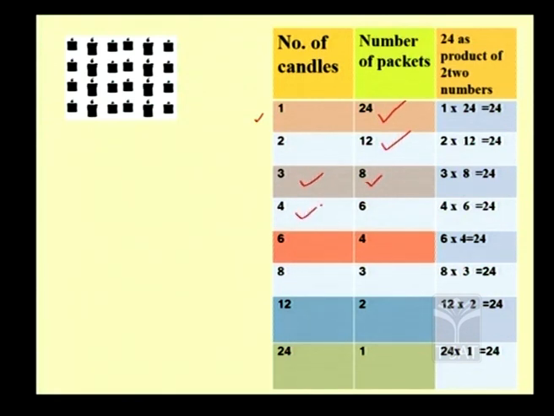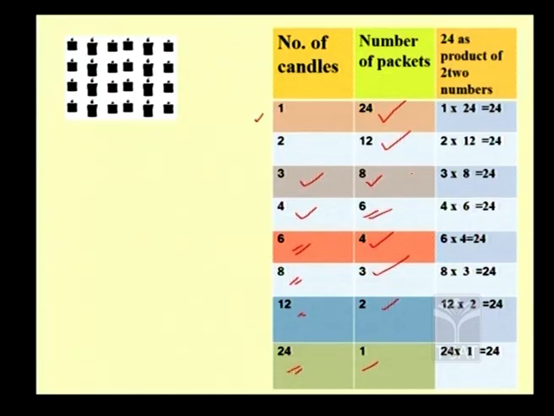And when we pack with 4 candles, we make 6 packets, 4 into 6, 24. You are observing here. And when we pack with 6 candles, we can make 4 packets, and with 8 candles we can make 3 packets, and with 12 we can make 2 packets. With all 24 candles we can make only 1 packet.